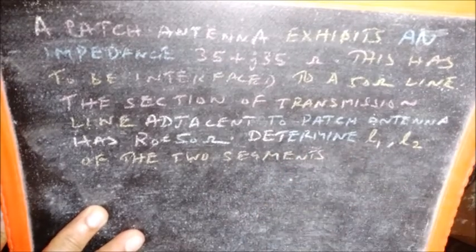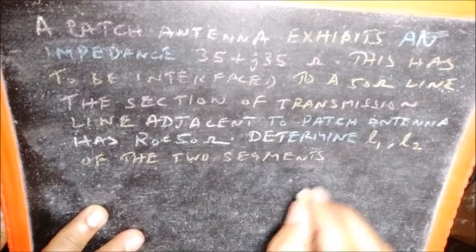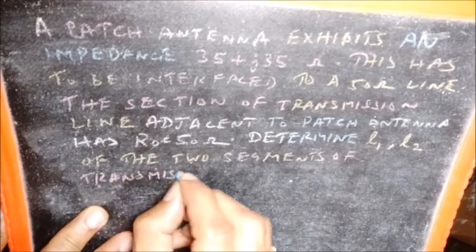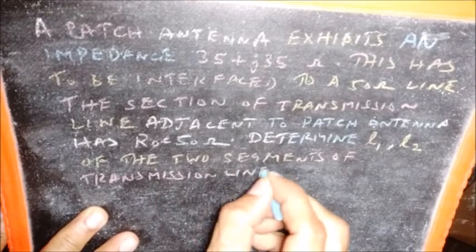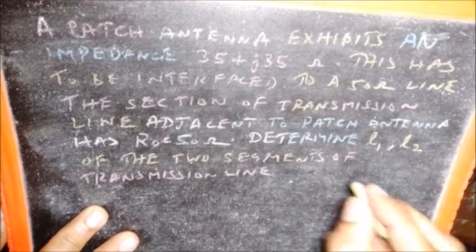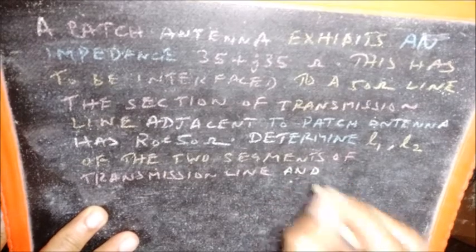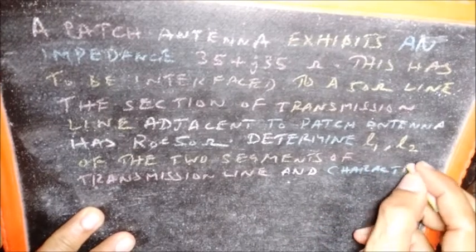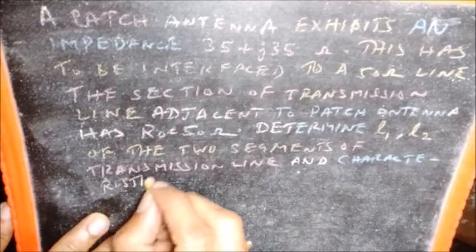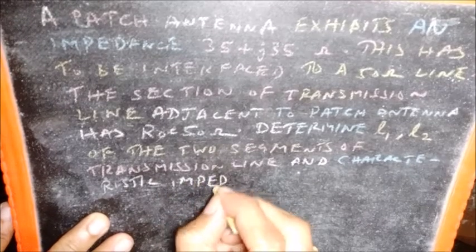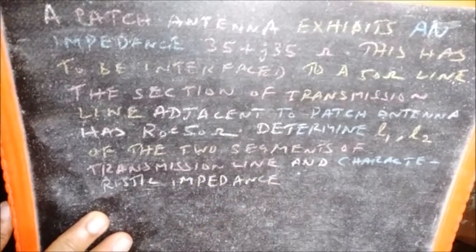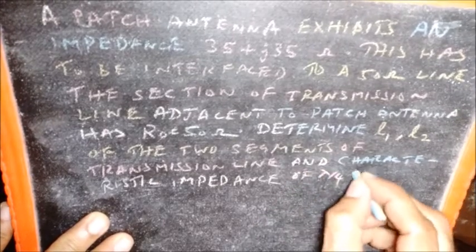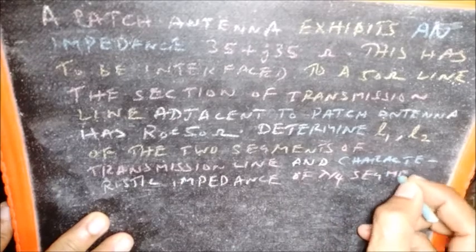I'll tell you what is L1 and L2 by drawing a diagram of two segments of transmission line, and the characteristic impedance of the lambda by 4 segment.